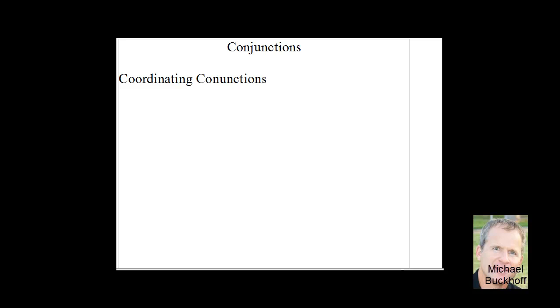So we have coordinating conjunctions. We have what's called subordinating conjunctions. And we have transition words.